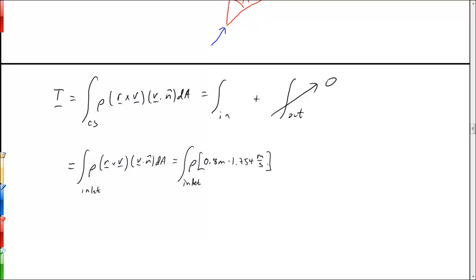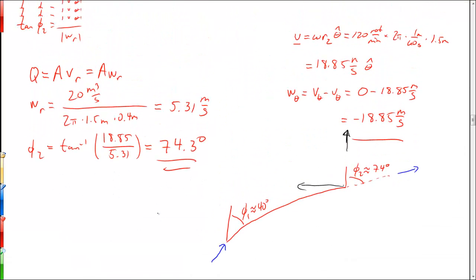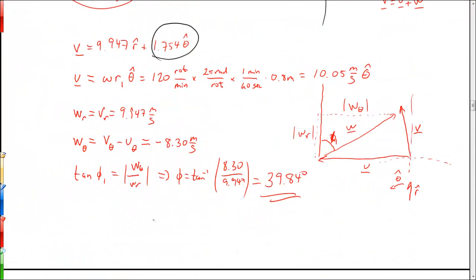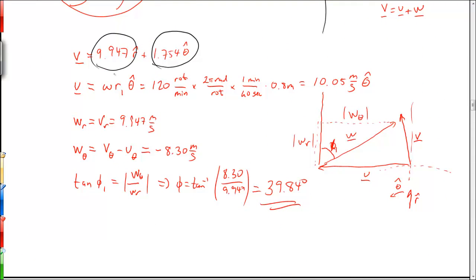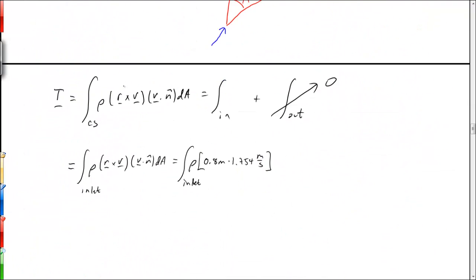Well, the outward pointing normal is going to be in the minus r hat direction, which means that we only need to worry about the vr component of that. And vr at the inlet is equal to 9.947. So here we get times minus 9.947 meters per second, integrated over dA. And when I did this cross here, I ended up with a z hat in my cross product.